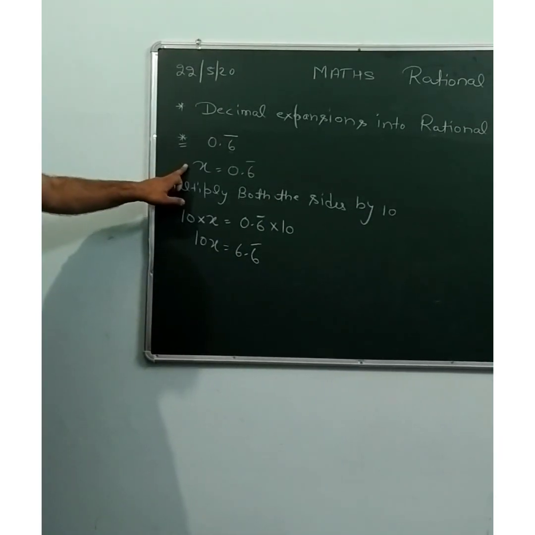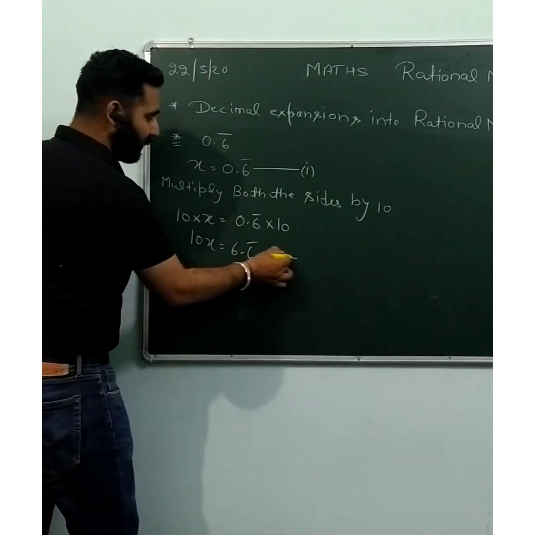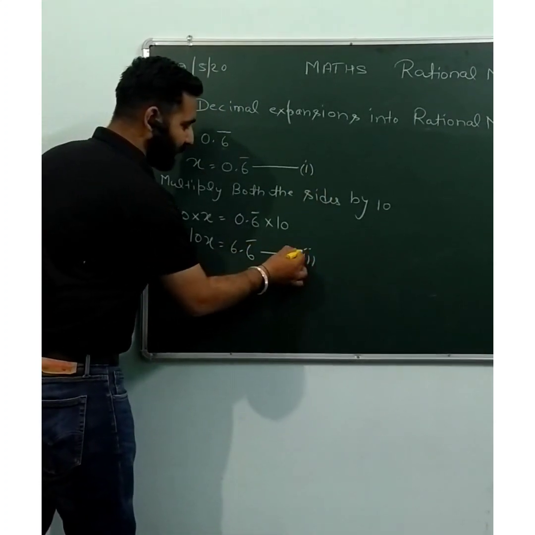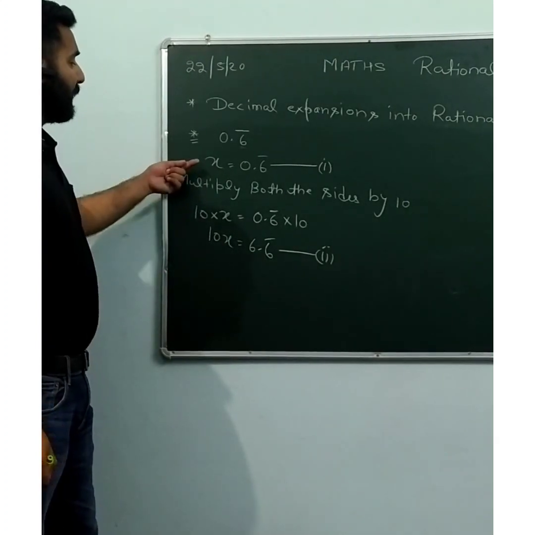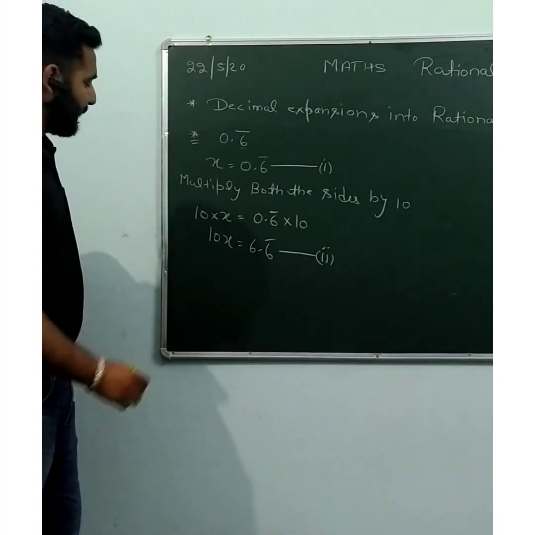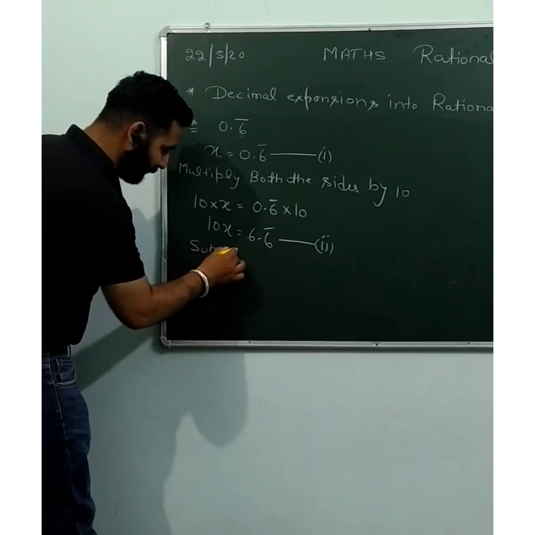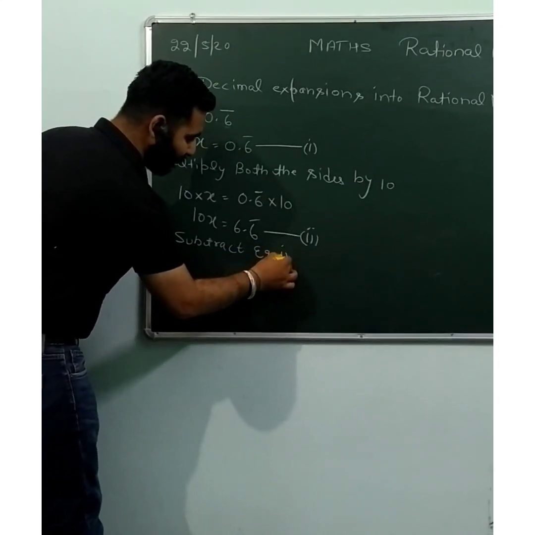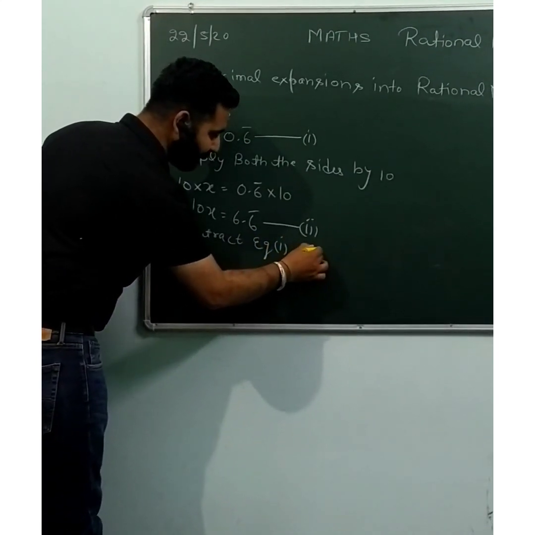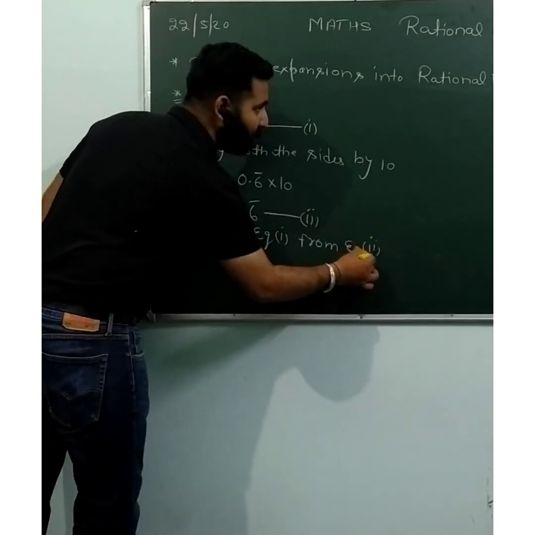Now there are two equations. This is your first equation and this is your second equation. Simply you have to subtract. In the next step, subtract equation 1 from equation 2.